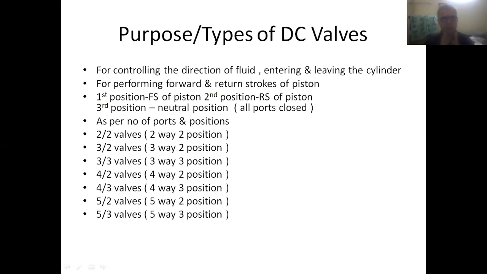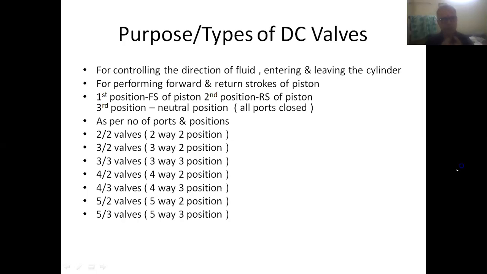Now coming to two-way valves, there is only one variety. It is called a two-way, two-position valve. In three-way valves, we have two varieties: one is a two-position valve and the other is a three-position valve. Similarly, in four-way valves, we have two varieties: one is a two-position, the other is a three-position.